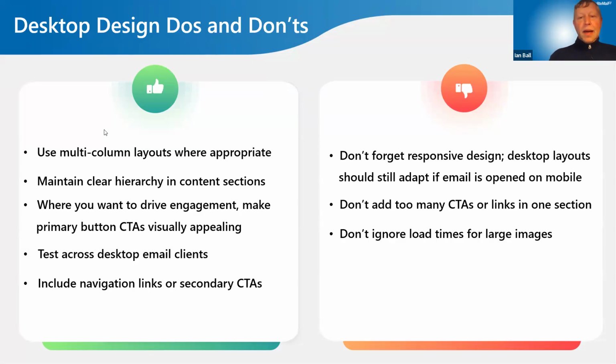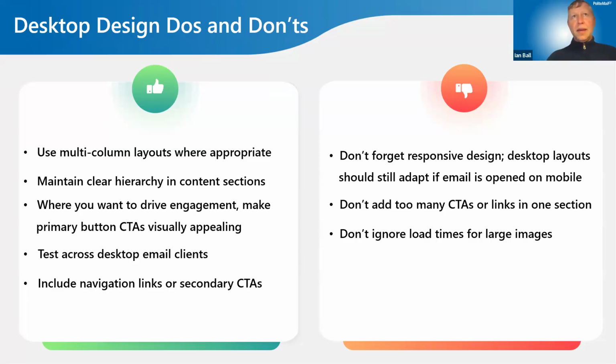But as I'm building it out row by row and I'm doing my testing, I can't forget the responsive design. Like how will this desktop layout look when it hits that mobile design, if it's opened up on mobile? Especially if you're using multiple columns, the typical behavior being your left column is stable and your right column will stack beneath that on a mobile display, and there's your mobile hierarchy.